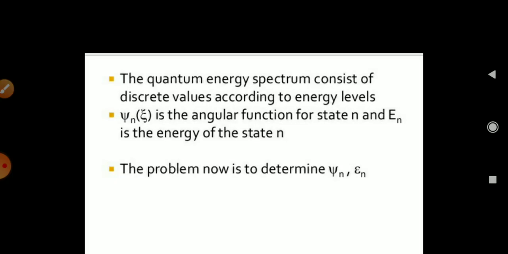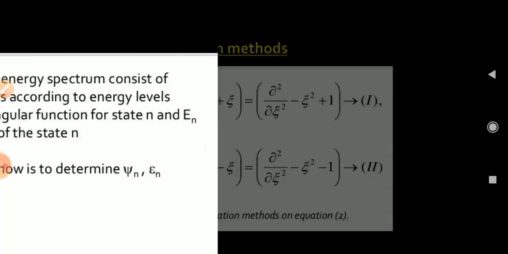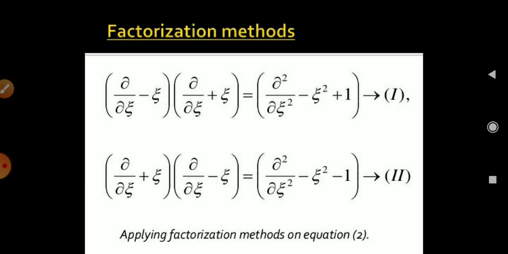Now, the quantum energy spectrum consists of discrete values according to energy level. The psi n epsilon is the eigenfunction for state n, and En is the energy of state n. So the problem now is to determine psi n and epsilon n. To determine these functions, the factorization method is used.